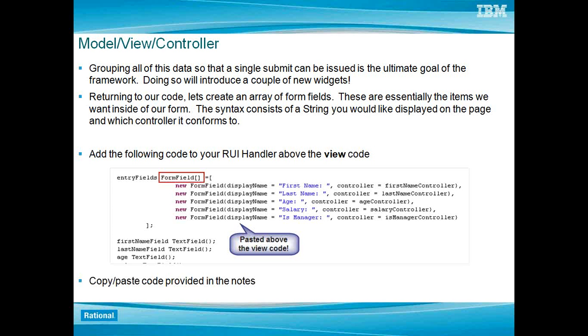Inside of this form we are specifying some form fields, and then we are giving a display name that will be displayed beside each field, and then we are specifying a controller and giving the corresponding controller name that we previously created in the immediate previous slides.